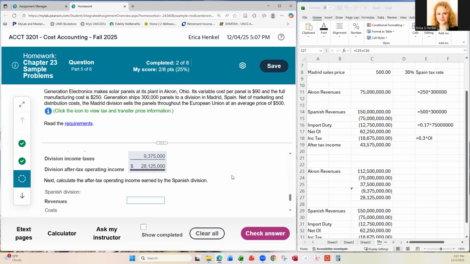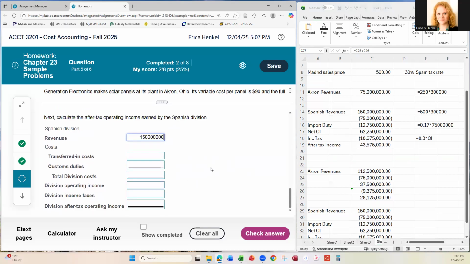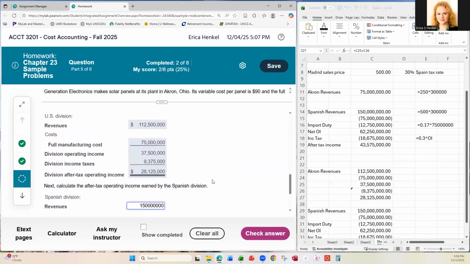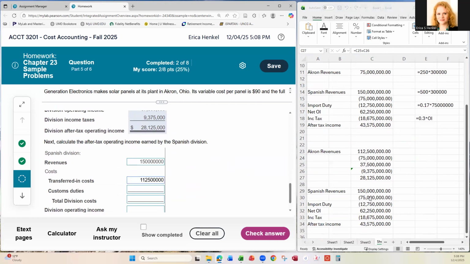Now, the Spanish division is going to have the exact same revenues regardless. It's 150 million. And their transferred-in costs are going to be the increased amount we had up here, which was the 112,500,000. Now, customs duties. Import duty is going to be that times 17%.